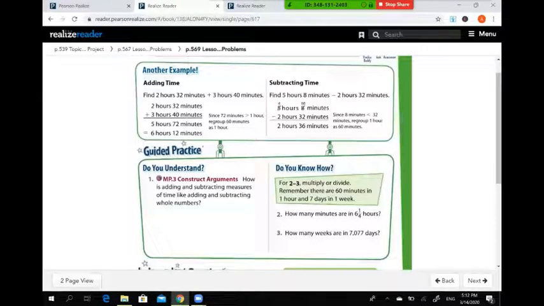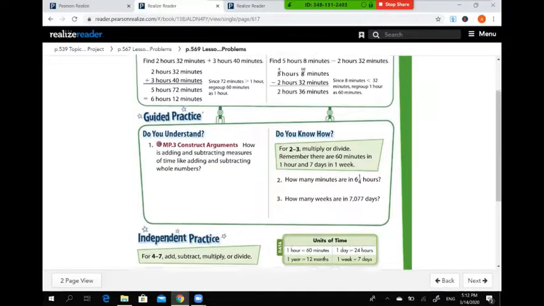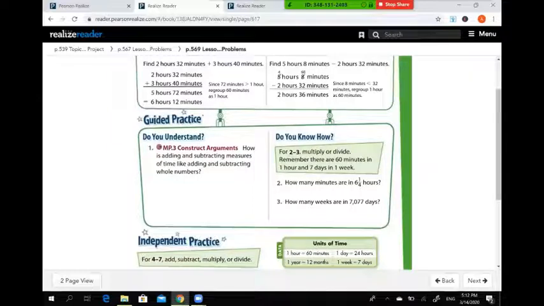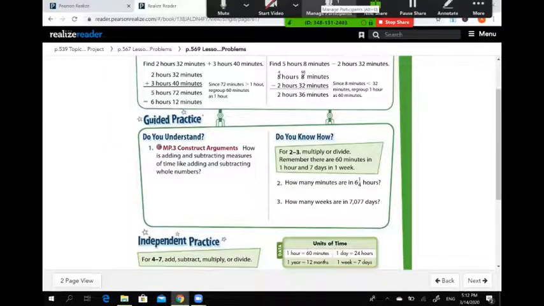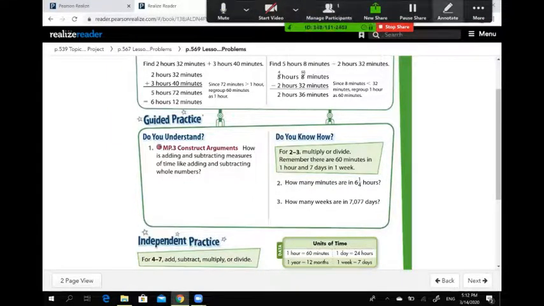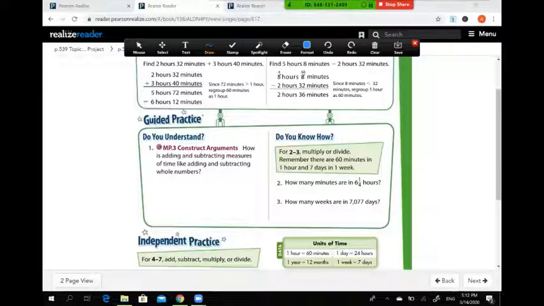Question number 2, how many minutes are in 6 1/4 hours? As we know, in each hour we have 60 minutes, so we should multiply 60 times 6 1/4.